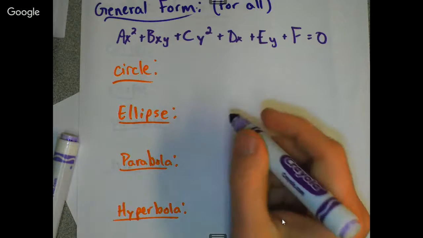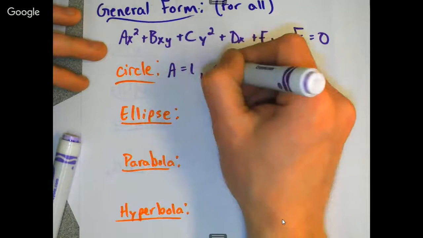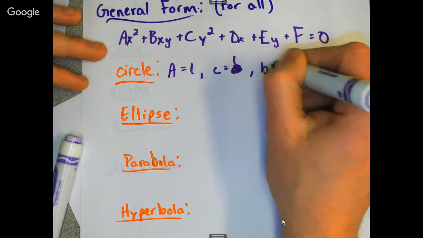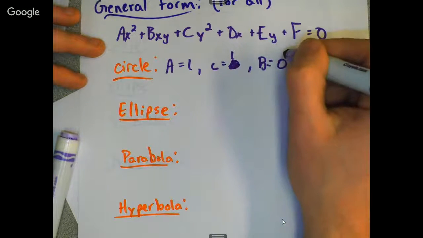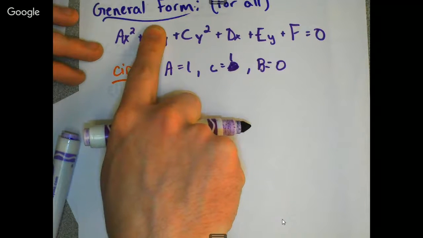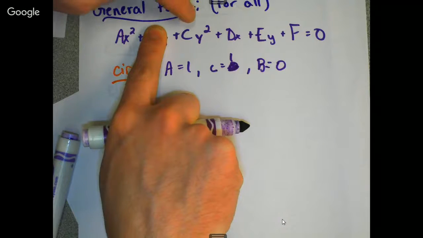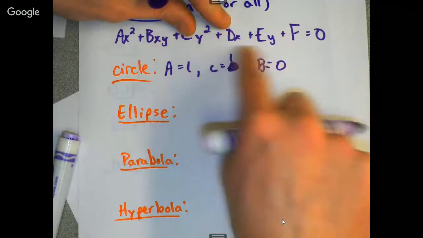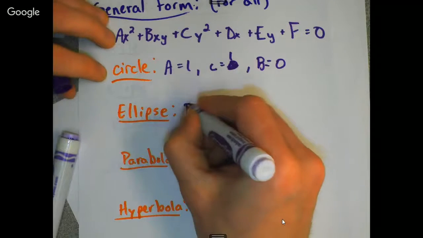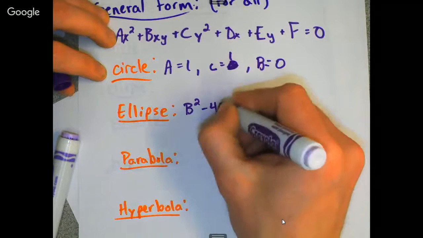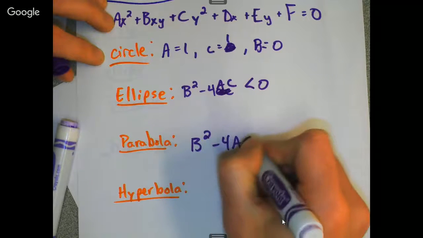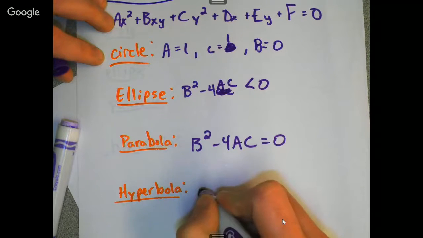If it was a circle, A is 1, C is 1, and B is 0, so that term will go away, and you could have numbers for the other three. Then for an ellipse, for a parabola, and for a hyperbola.